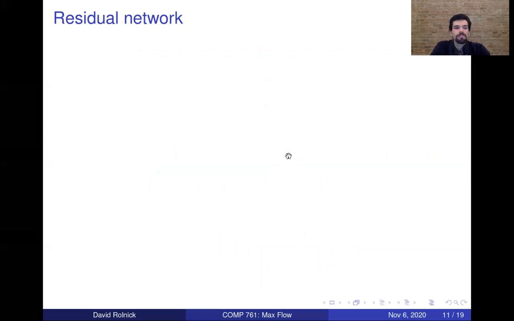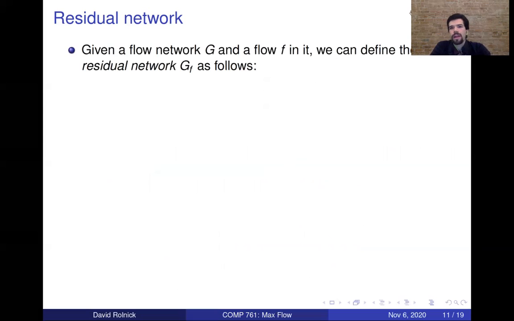Residual networks. Given a flow network and a flow within the flow network, we can define a residual network, which we can think of as: how can we represent the extra flow that we could take?